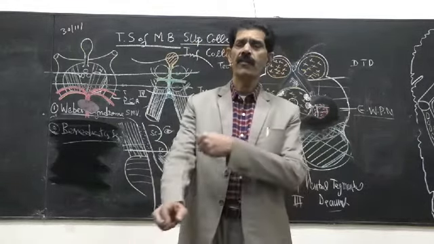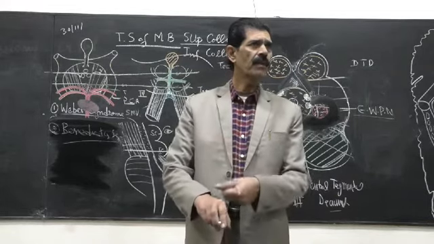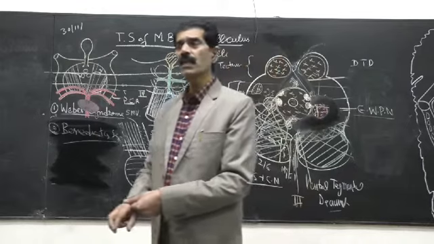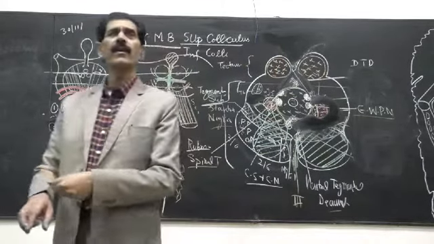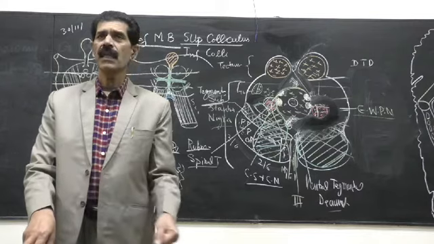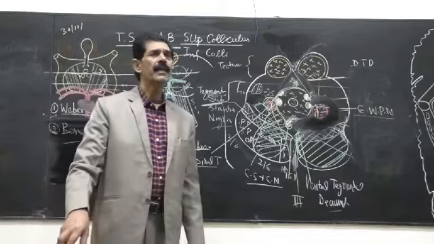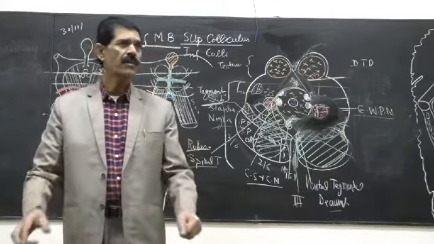The motor nerves reach the skeletal muscles, so along with the motor nerves of the 31 pairs of spinal nerves, these rubrospinal fibers also reach the muscles. What these fibers do with the motor fibers is bring about the coordination of the muscular movements.